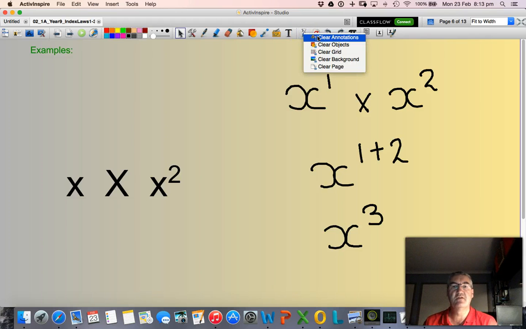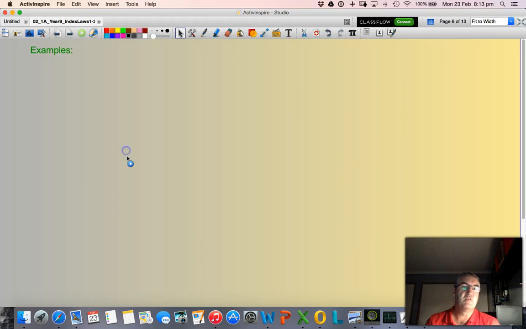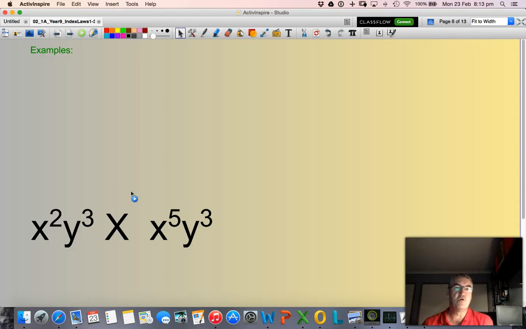Now, I will move on to the next one. I'll clear those annotations and get rid of that one. I'll make this slightly more complicated. In this situation here, I have 2 different bases, an x and a y, and over here another x and another y. I need to treat the base of x separately first.